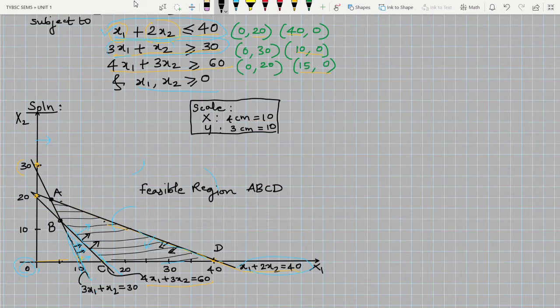That means these points A, B, C and D are the eligible candidates for getting the optimal solution. So first we find out the x and y coordinates of all these 4 points, and then we substitute them in the objective function.